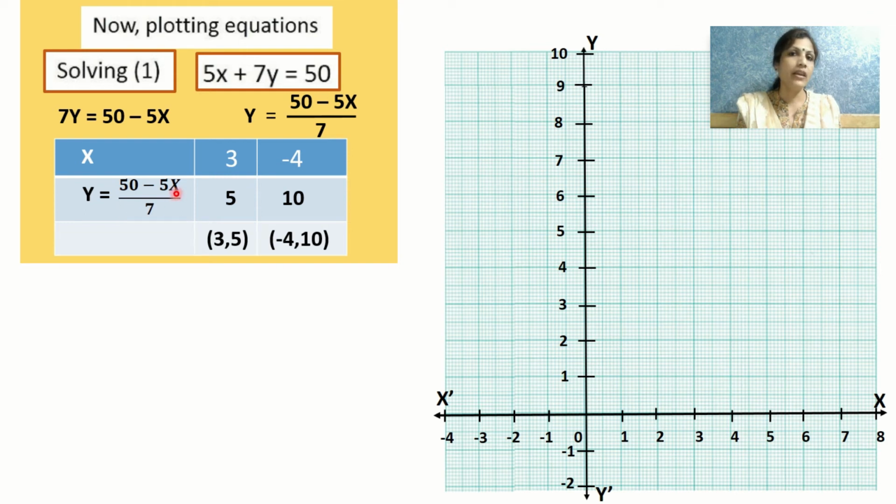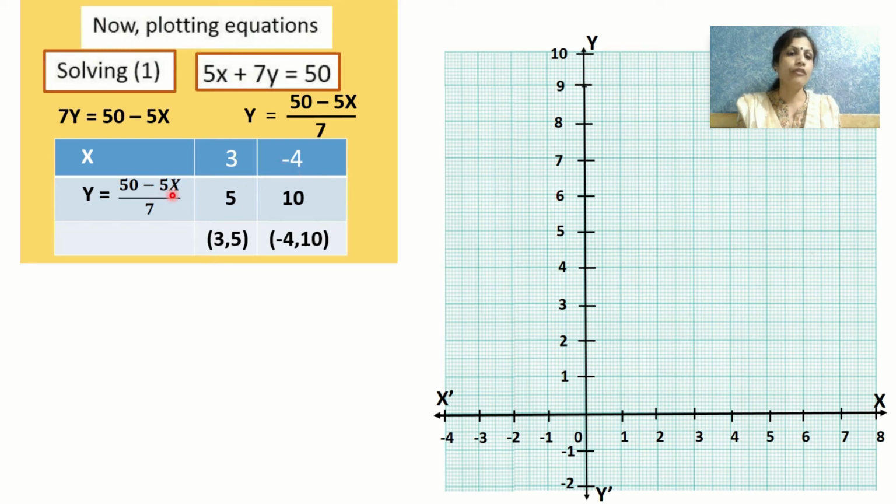So when we select the value of x as 3, what do we get? We get 50 minus 5 into 3 is 15. So 50 minus 15 upon 7. 50 minus 15 is 35 and 35 upon 7 is 5. Alright. Then if we substitute x is equal to minus 4, then what do we get?